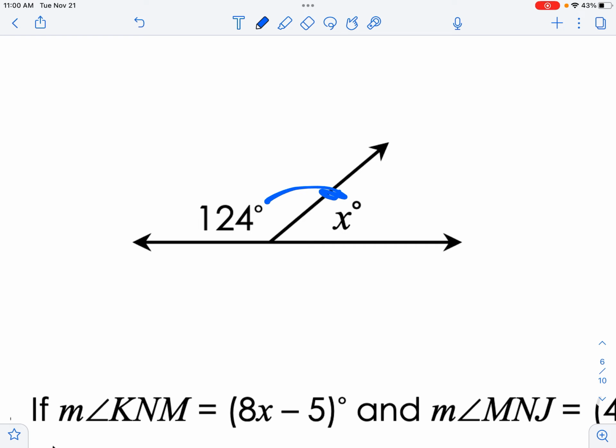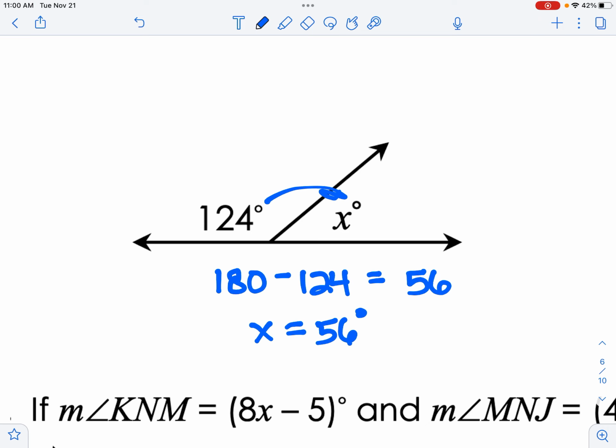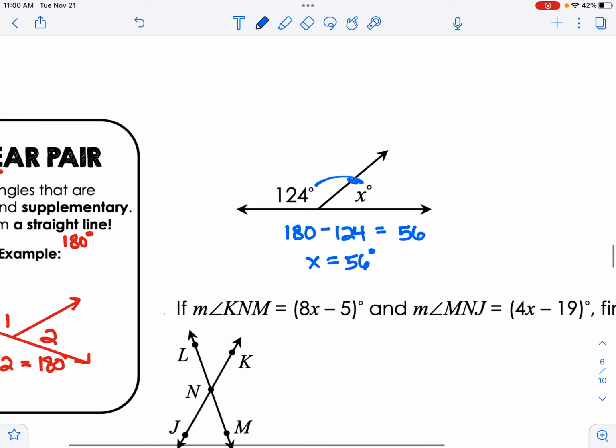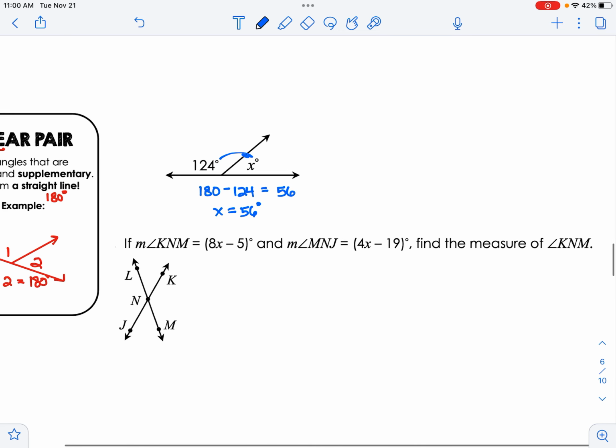So what I would do then is go 180 minus 124, and that would tell me what x is. So that then would be 56. So x is equal to 56 degrees. Okay, so that's the premise behind a linear pair.